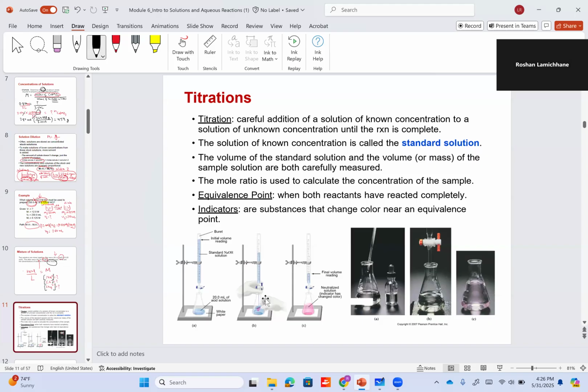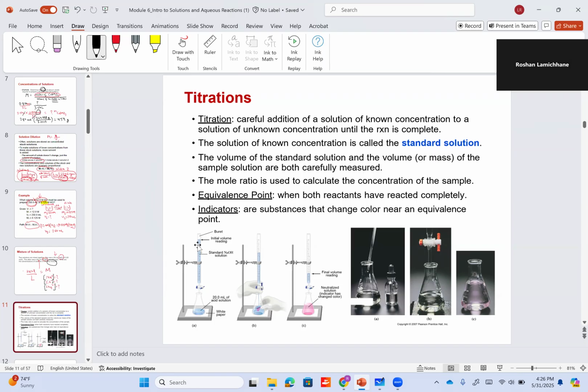After that we can do some calculations, which we're going to do in the next couple of slides, to figure out the concentration of your unknown. Now whatever is in the burette, the concentration of that is known, and that is why we call that a standard solution.